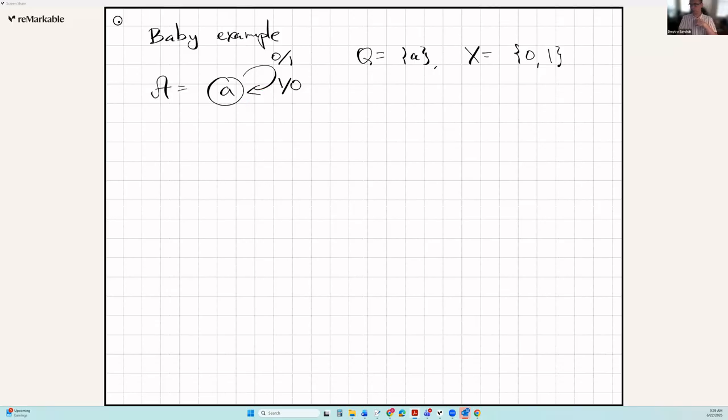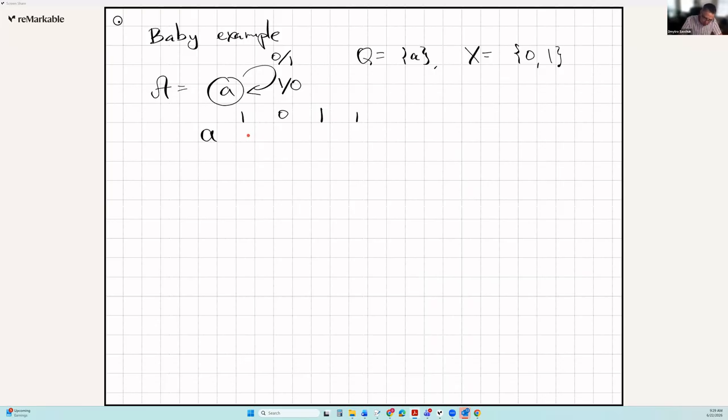So let's try to understand what this automaton does. If you start acting by A on any input string, so let's see, 1, 0, 1, 1, 0, and so on, 0, 1, 1, and so on.